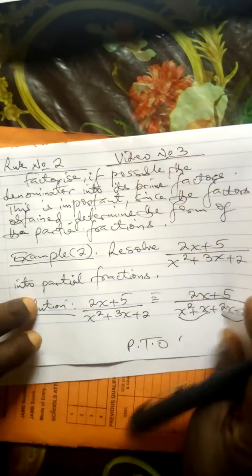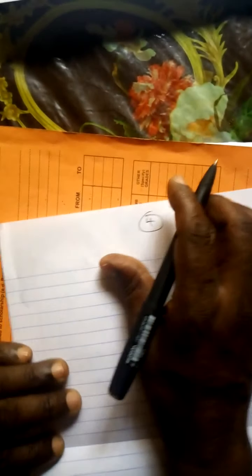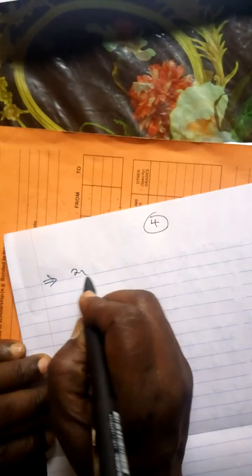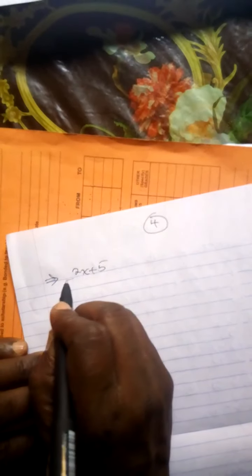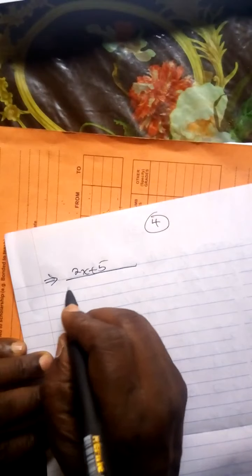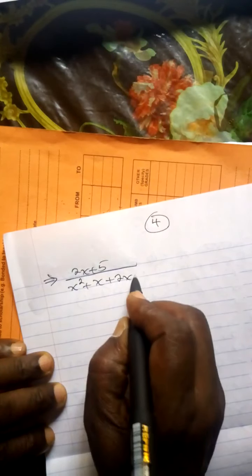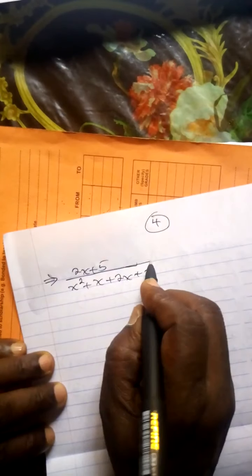So this means that 2x plus 5 over x squared plus x plus 2x plus 2.